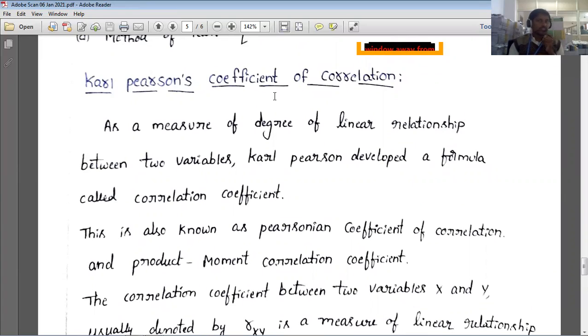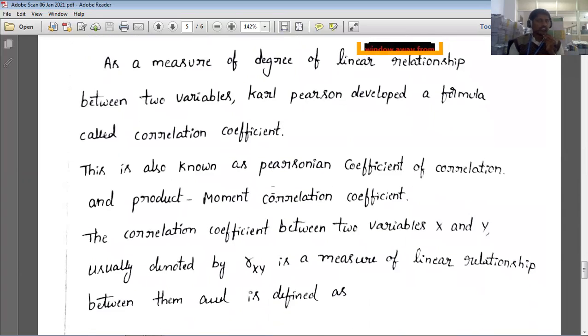Simply we write it as the coefficient of correlation, or Karl Pearson's, since he invented it. As a measure of the degree of linear relationship between two variables, he developed a formula. That formula we call the correlation coefficient, or in other words the Pearsonian coefficient of correlation or product moment correlation coefficient.